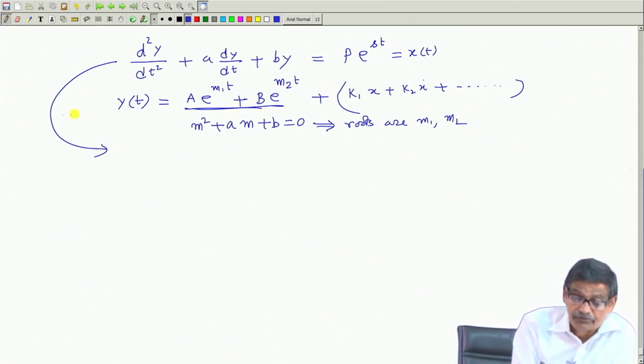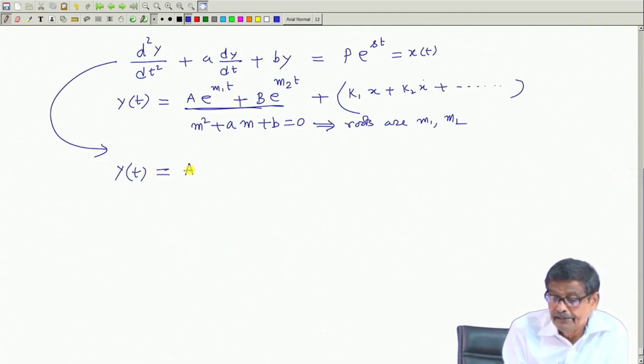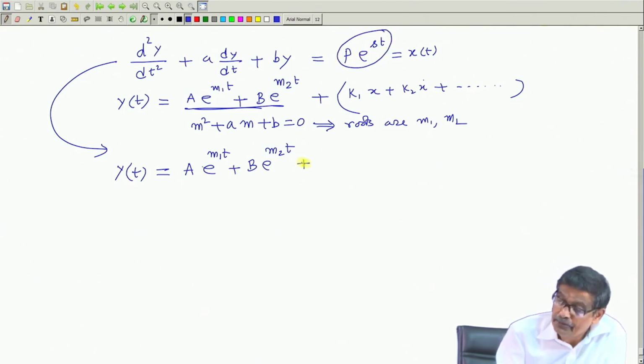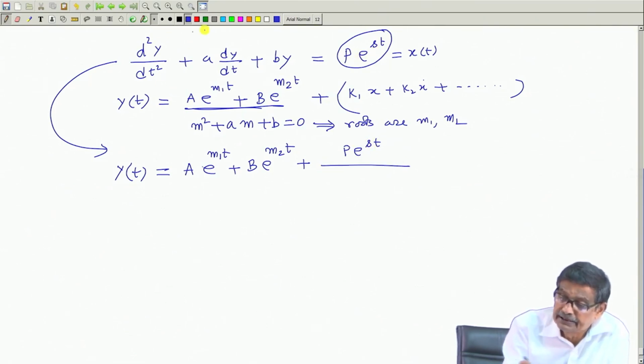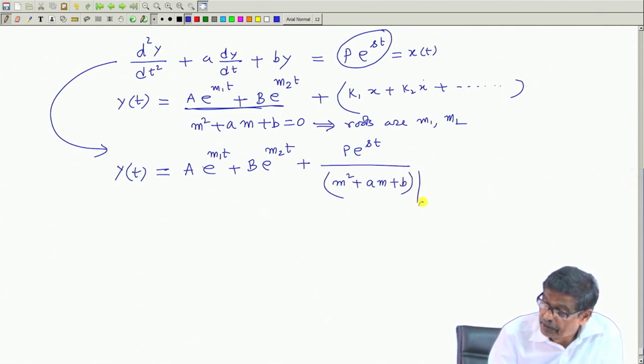After learning that, the total solution will be a into e to the power m 1 t plus b into e to the power m 2 t if the roots are distinct, plus, if the right hand side is of this special form, simply p into e to the power s t, the solution due to the forcing function: input divided by the characteristic equation, that is m square plus a m plus b, but put s for m.